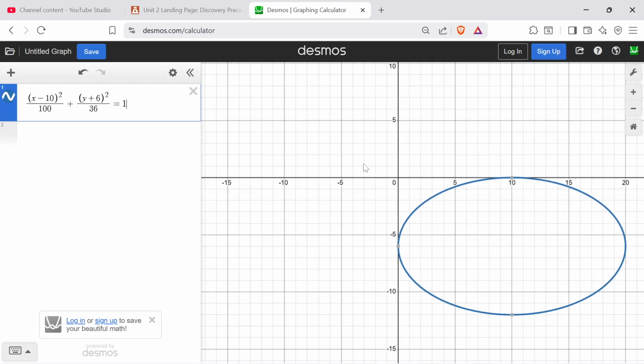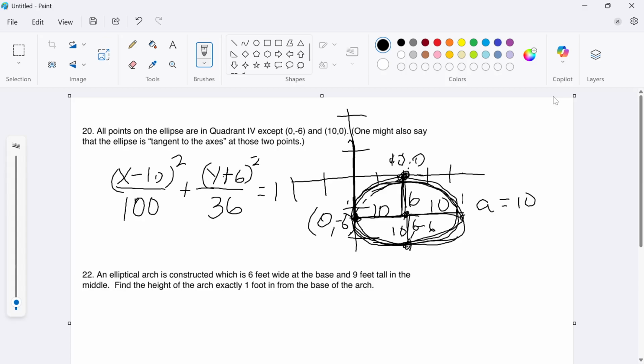And sure enough, check it out. It's got a point at (10, 0), and a point at (0, -6), and everything else is in the fourth quadrant. So you had to know the first quadrant, second quadrant, third quadrant, fourth quadrant. You had to know that.